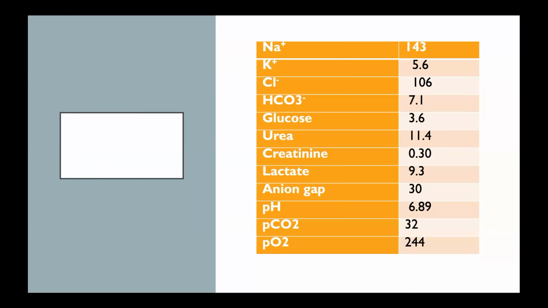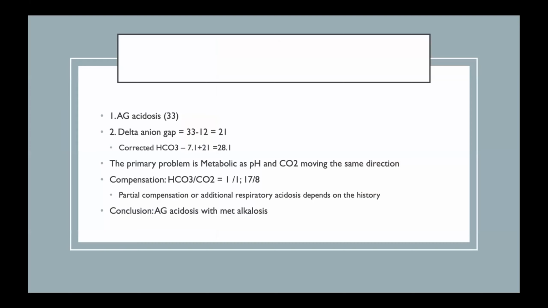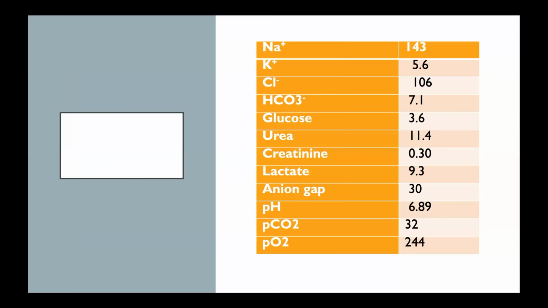So for compensation, the primary problem is metabolic acidosis. In metabolic acidosis, you know, the compensation should be 1 by 1. Here the carbon dioxide is higher than expected for the bicarbonate, right? Here you can see bicarbonate is low and carbon dioxide is high, the opposite direction.